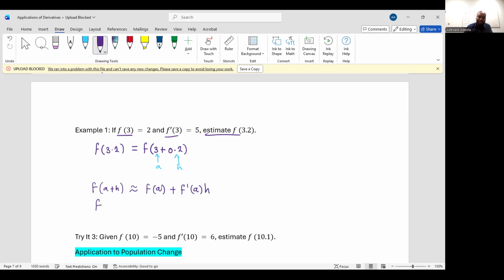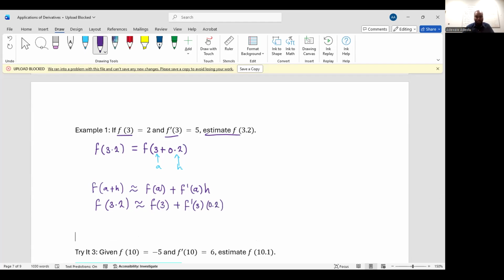So in this case, f of 3.2 is approximately equal to f of my A is 3 plus f prime at 3 times our h is 0.2. And I see we were given all those things.